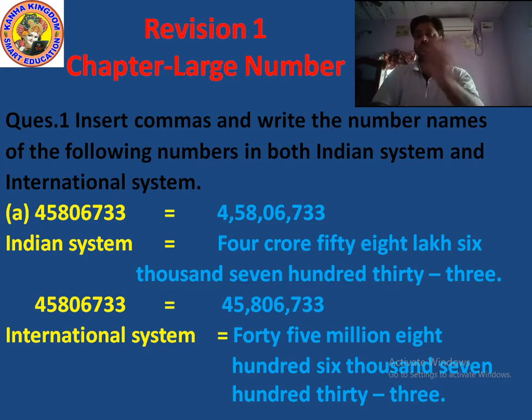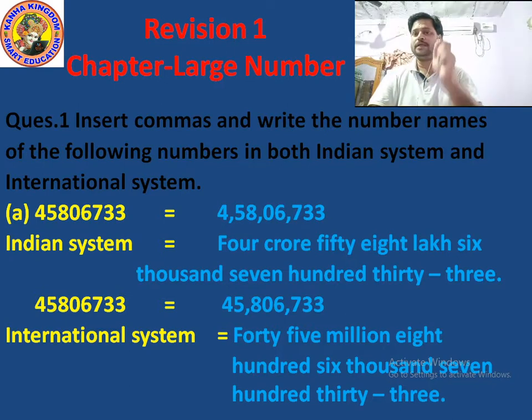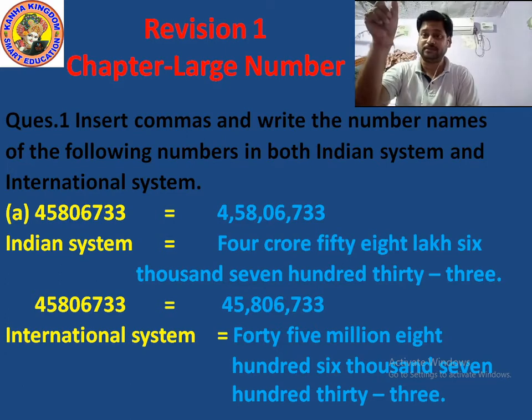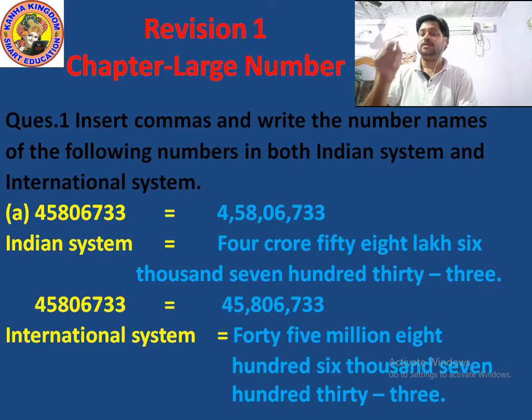Okay, now how can you read this number after inserting commas in a proper way? It is very easy. See, where is 4? 4 is in crores place value. So 4 crores, then 5 and 8 means 58 lakhs. And then 06.